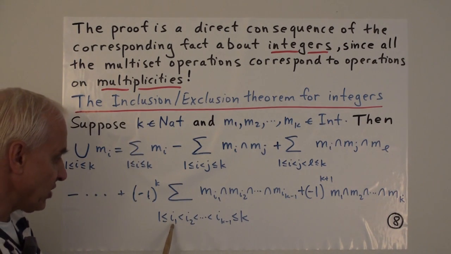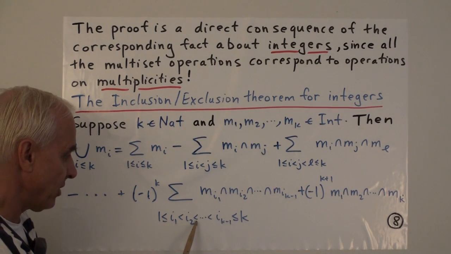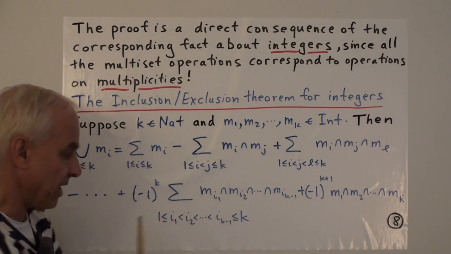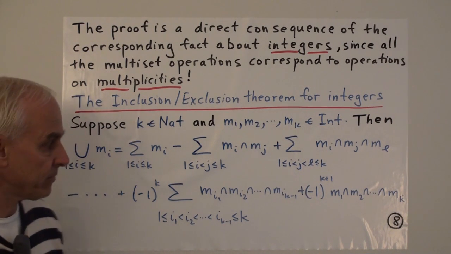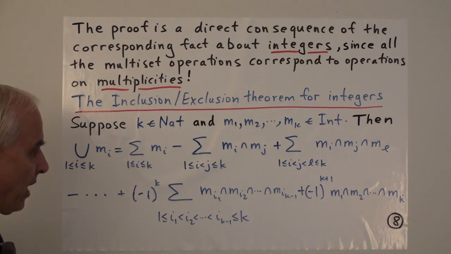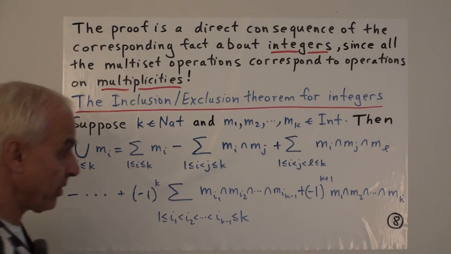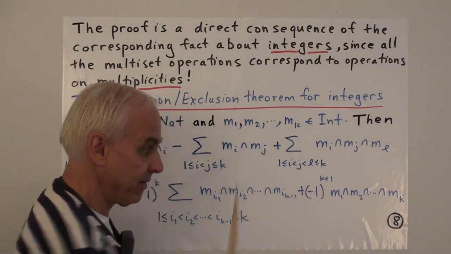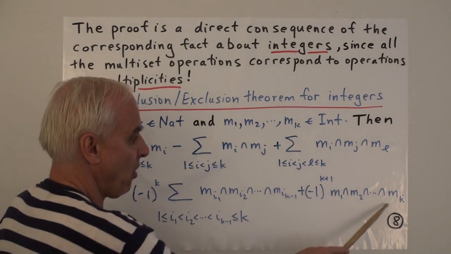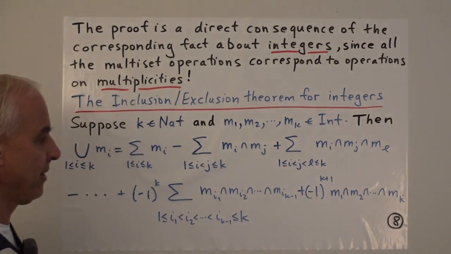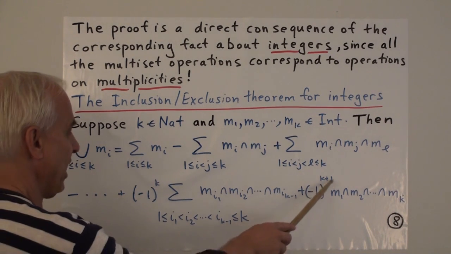So we may as well arrange that i sub 1 is less than i sub 2, is less than all the way up to less than i sub k minus 1. And all of them have to be in the range between 1 and k. And then finally, the very last term is where we have all of the mi's, m1 intersect m2 all the way up to mk, and that's got a minus 1 to the k plus 1.